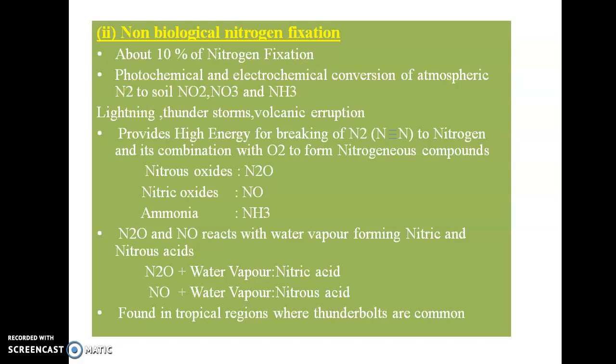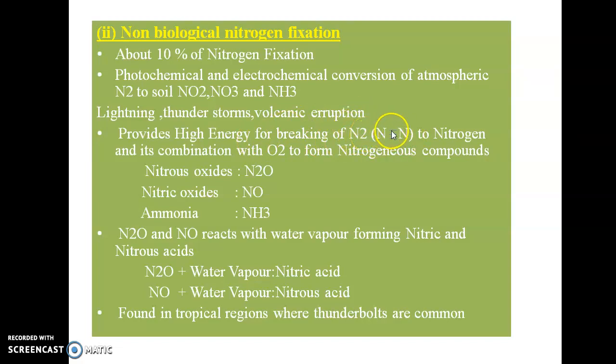They convert nitrogen into nitrate, nitrite and ammonia. We know lightning, thunderstorms and volcanic eruptions, right? These constitute the photochemical and electrochemical processes. By means of all these, they provide high energy for breaking the triple bond which exists between the two nitrogen atoms of a nitrogen molecule.